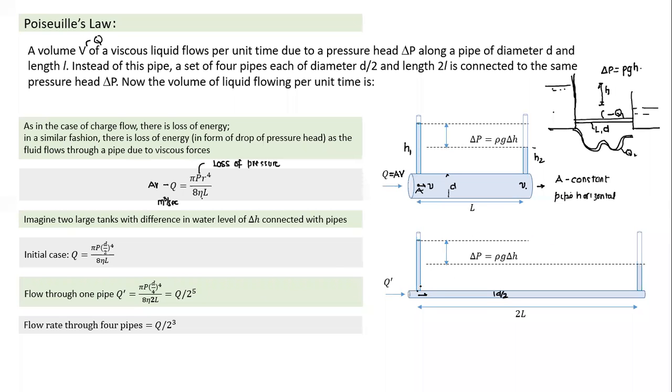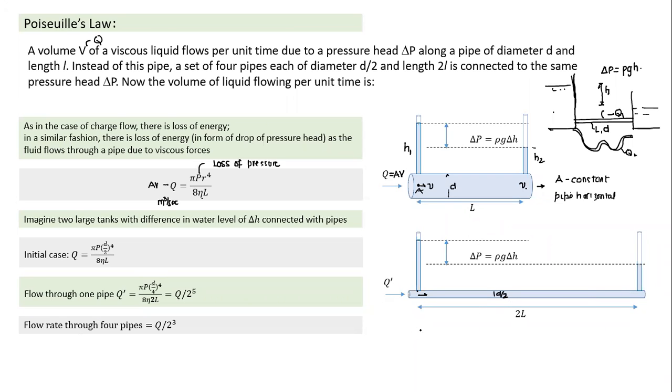Here also, when we connect various pipes in parallel, it means the pressure difference is the same, and the flow rate will be equal to the sum of the flow rates through all pipes. So there are four of them. If I multiply by 4, it becomes Q divided by 2 to power 3. So the flow rate through all four pipes together will be 1 by 8 times the initial flow rate. So this is a very simple application of the Poiseuille equation.